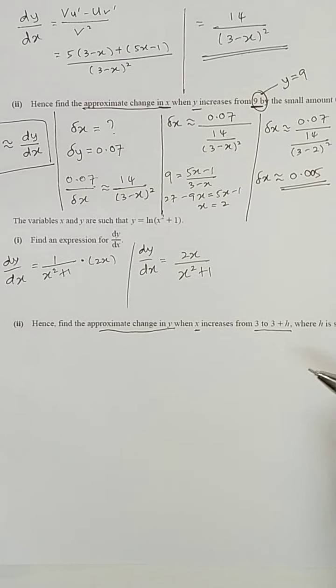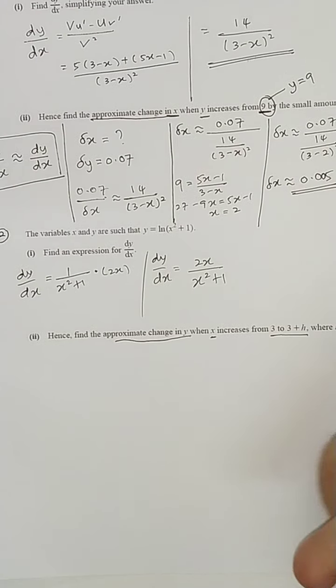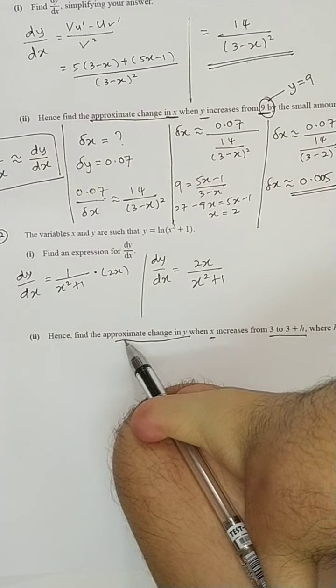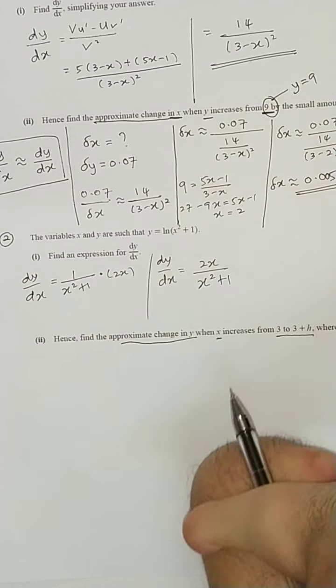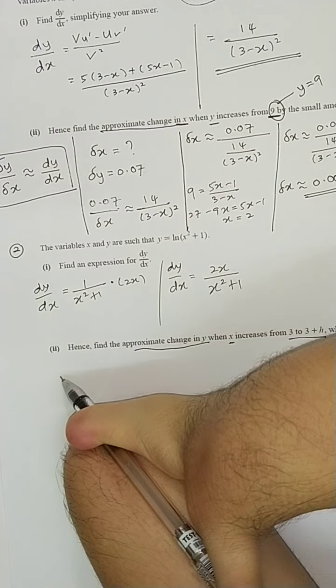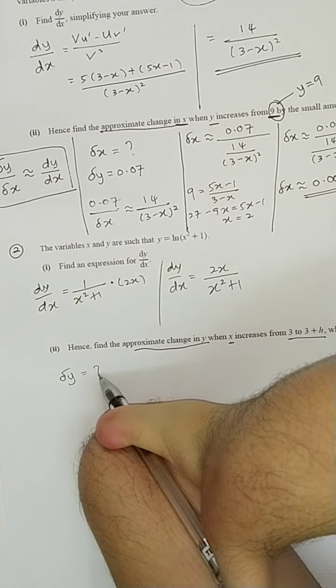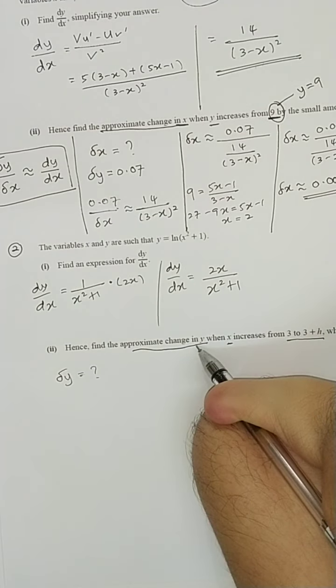Okay, now I have a question. When it says find the approximate change in y, what is the thing that we need to find? Delta y. So delta y is unknown. This is the thing that we are looking for.